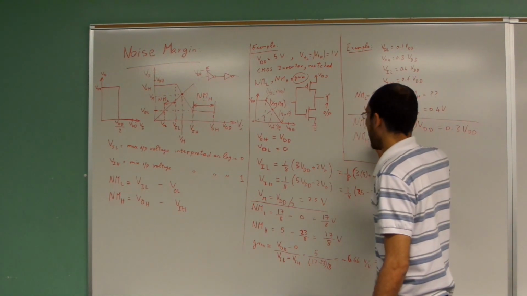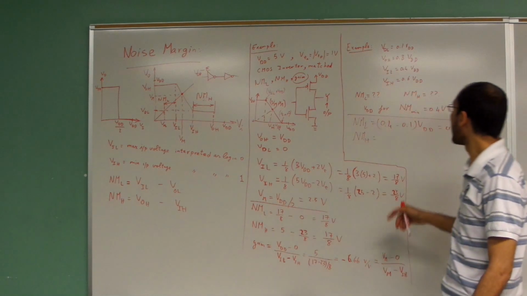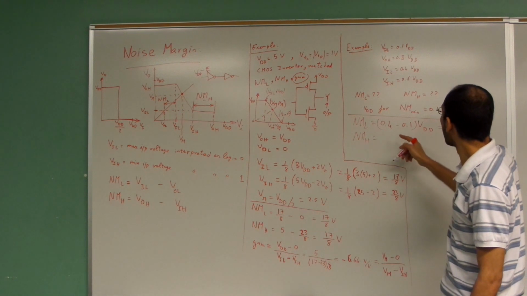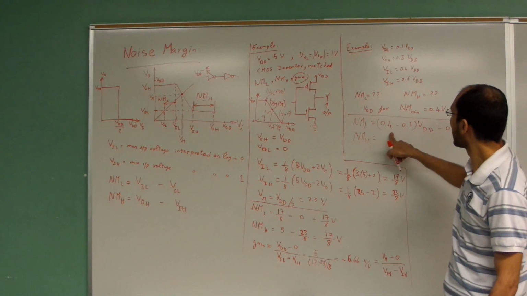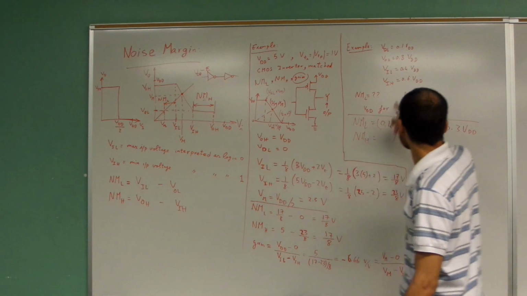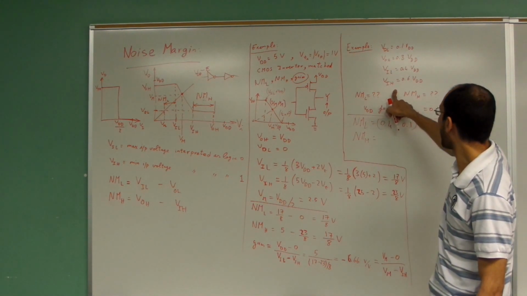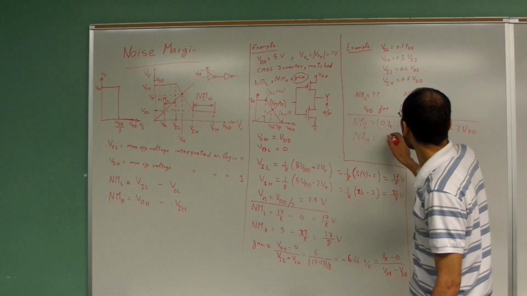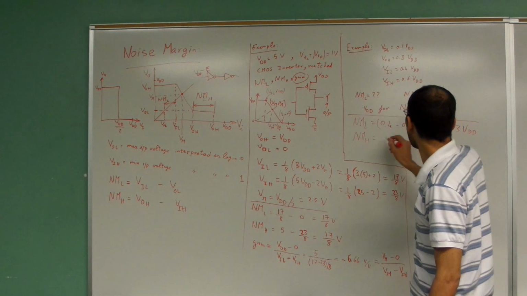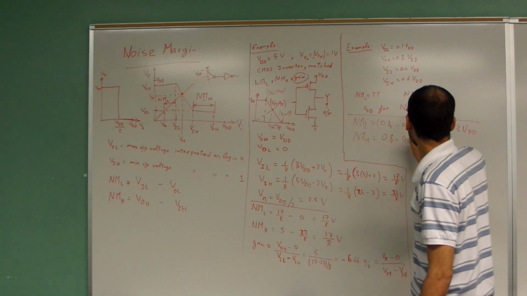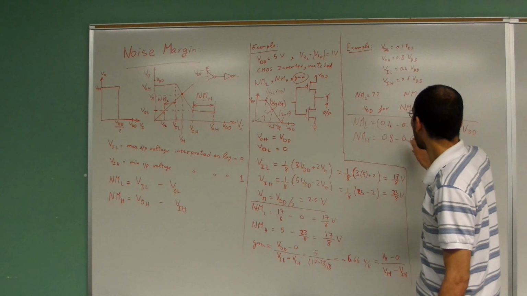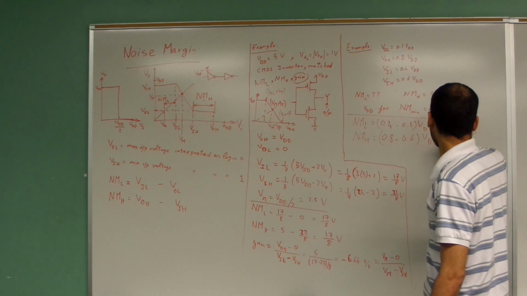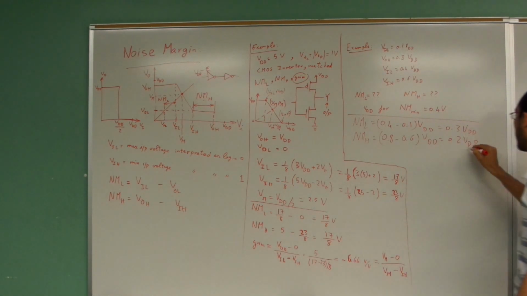Noise margin high equals output high minus input high. So output high minus input high, so 0.8 minus 0.6 VDD, which is equal to 0.2 VDD.